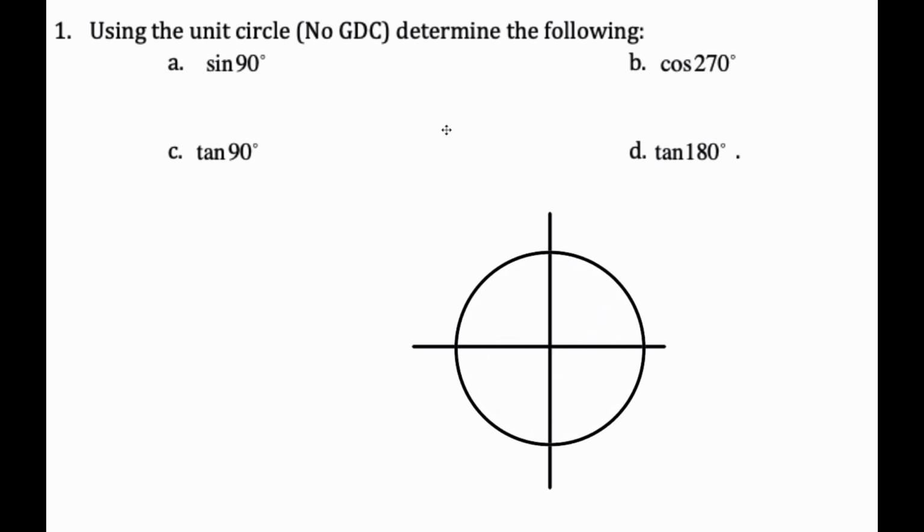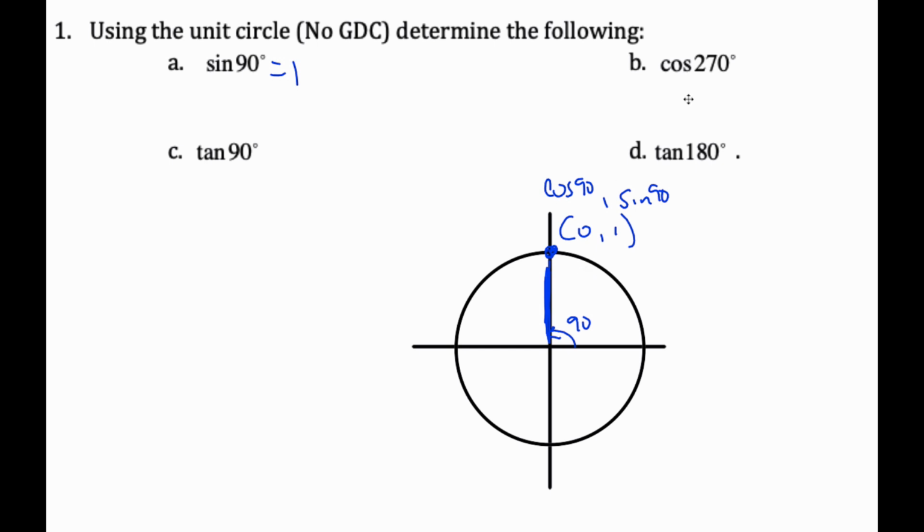I know 90 degrees is up to there. And this coordinate point here is (0, 1). If I remember, the x value is cosine of 90, the y value is the sine of 90. So the sine is this height here, and is equal to 1.